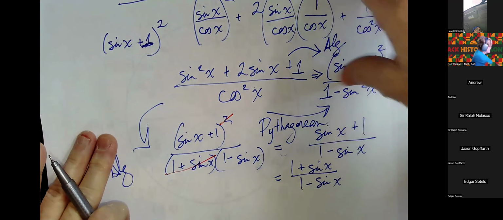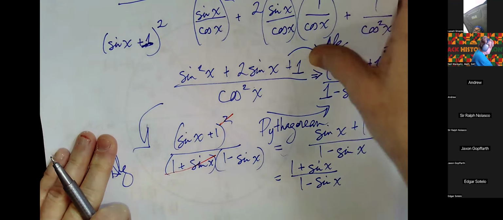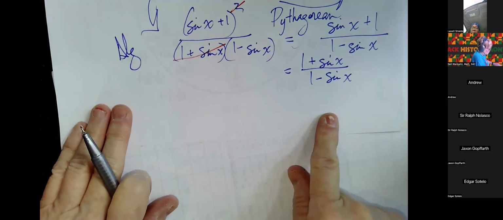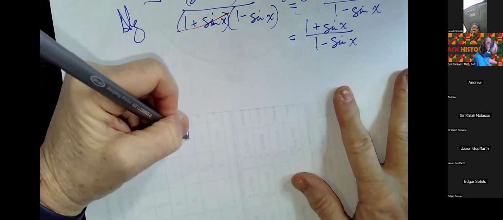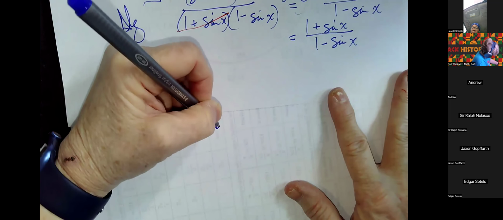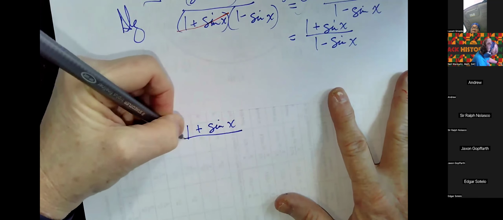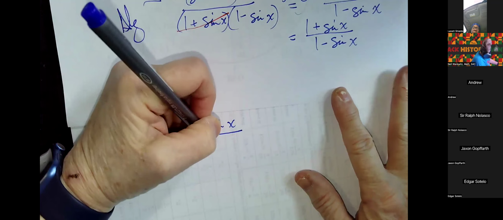Let's look at a skill that you're going to use very, very often: to start with what we were given and go backward. So we're going to start with 1 plus sine x divided by 1 minus sine x.